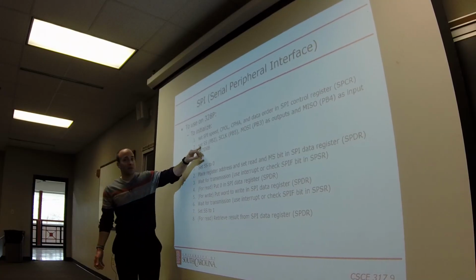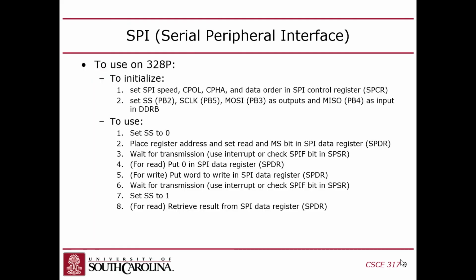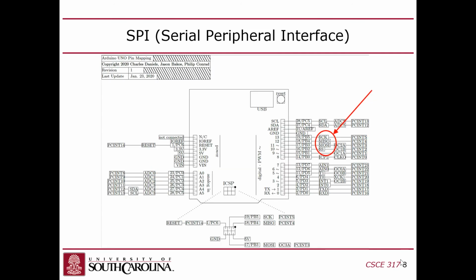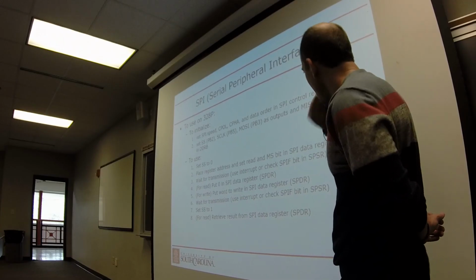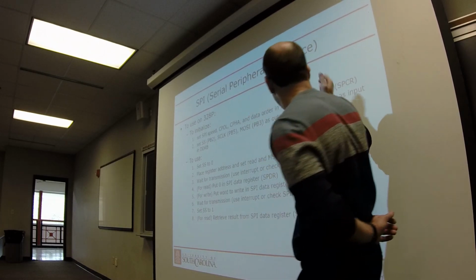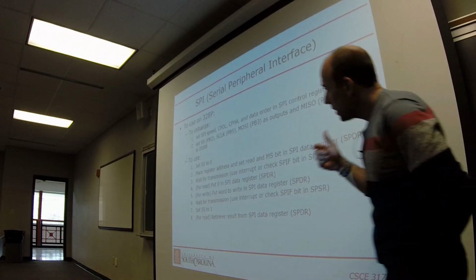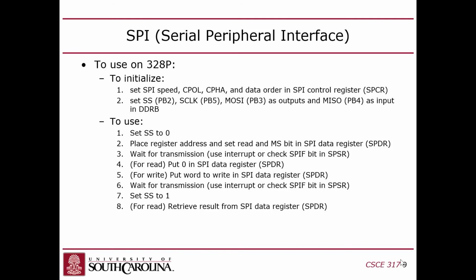So you have to explicitly set up PB2, PB5, and PB3 as outputs in the DDRB register. Is it B? Yeah, B. And then you have to specify MISO as an input. PB3, PB4, right? So that's the initialization. You could put that in your init function or at the beginning of main.